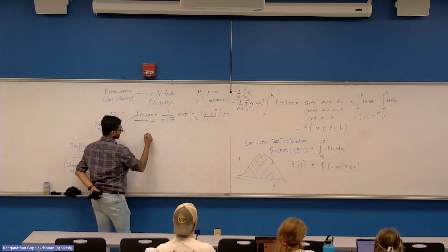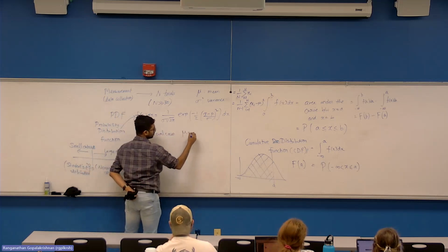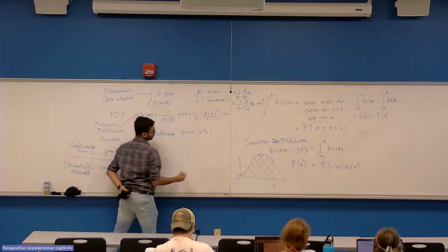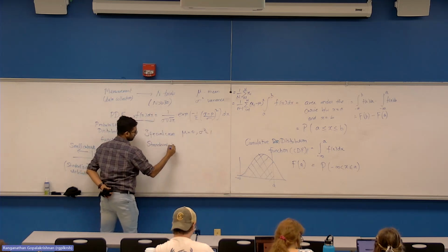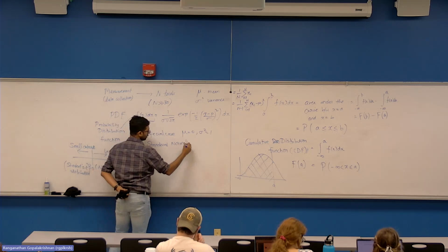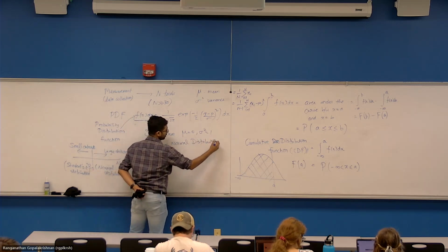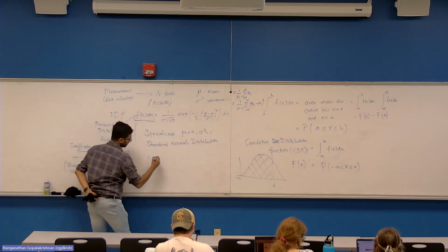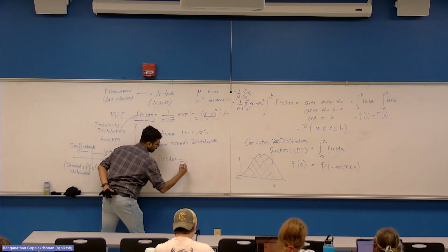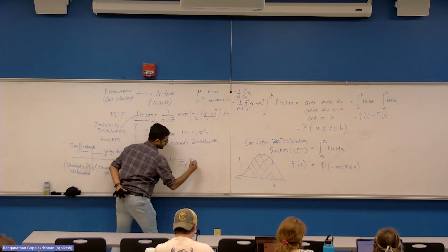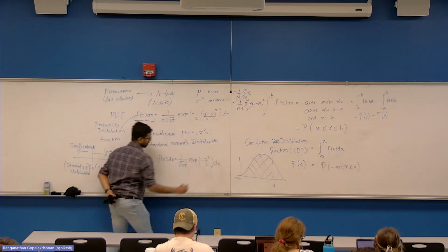So the special case, when mu is 0 and variance is 1, that is called the standard normal distribution. So here, this comes down to f of x dx equal to 1 over square root of 2 pi exponent of minus x squared over 2 dx.